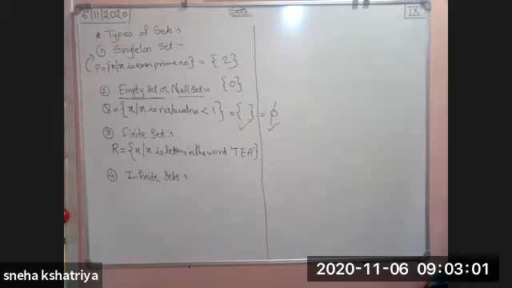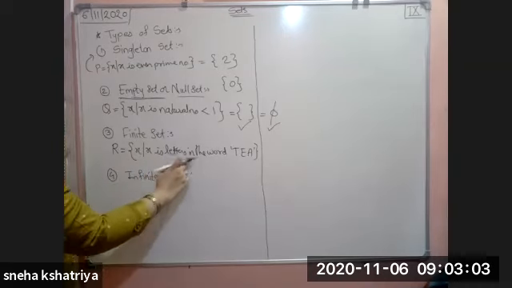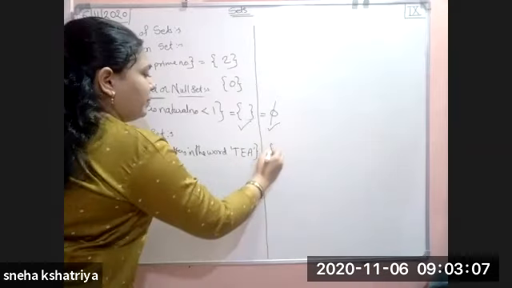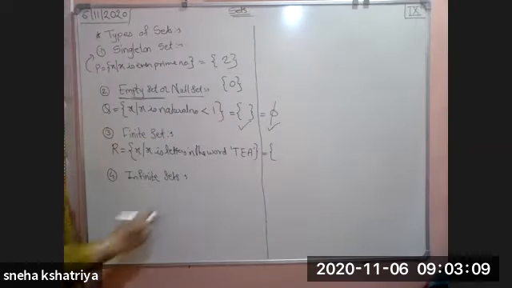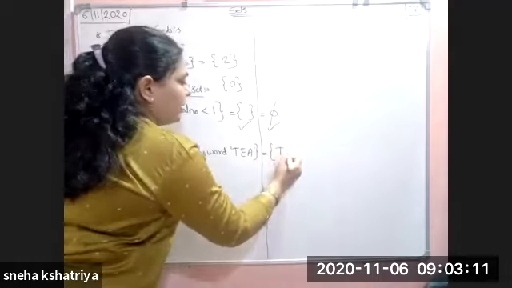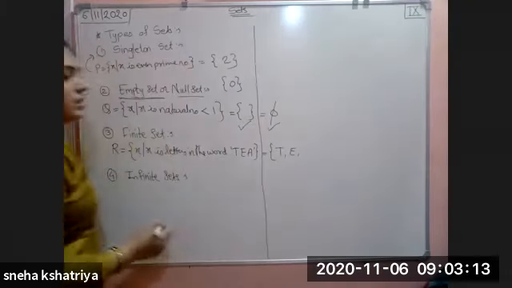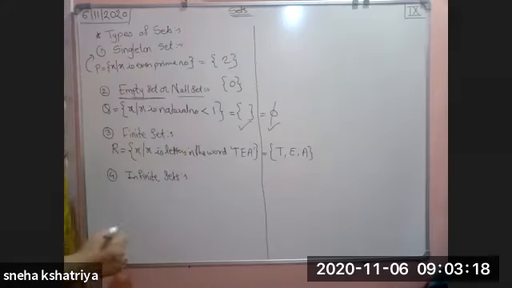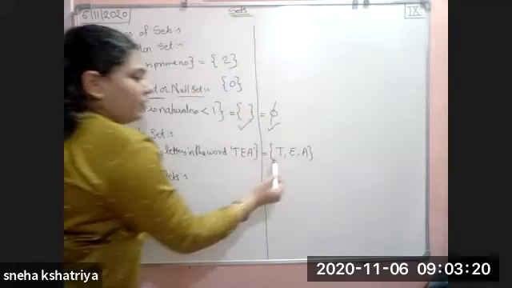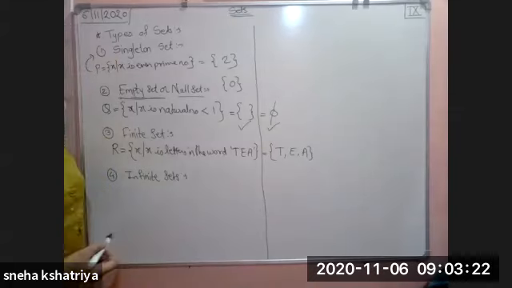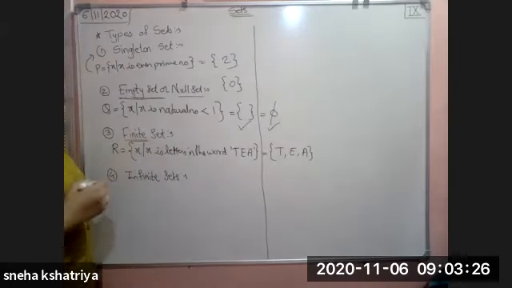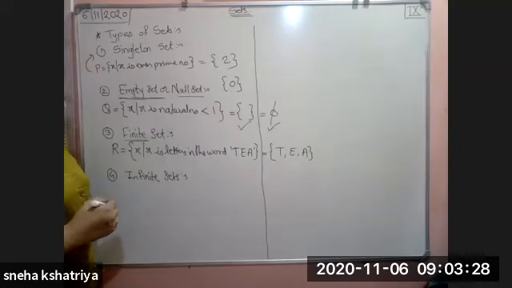Like this I am writing: x such that x is a letter in the word TEA. So how will this set become? First element is T, second element is E, and third element is A. So this is countable: 1, 2, 3. If it is countable, then it is called a finite set.